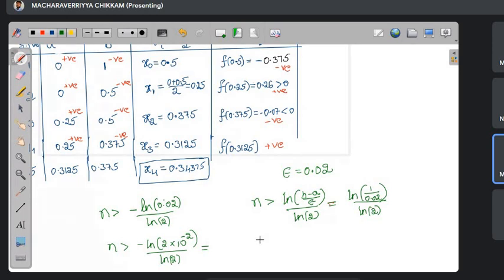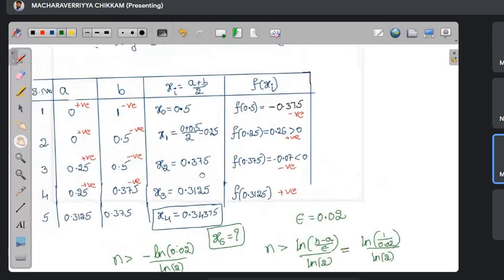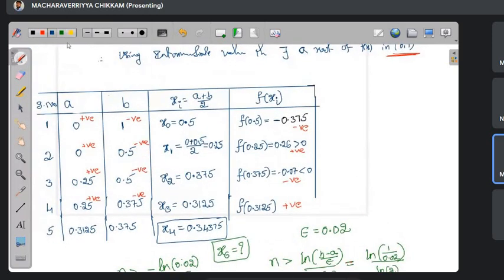So finally it is 5.64. Therefore, n must be equal to 6. So we need to find till x6. Please continue the table and tell me what is x6 now. With that we will stop. You tell me what is x5 and x6.